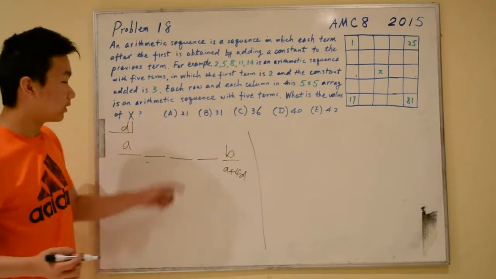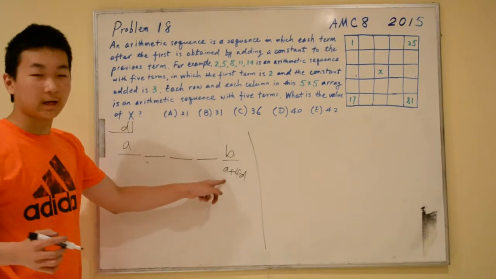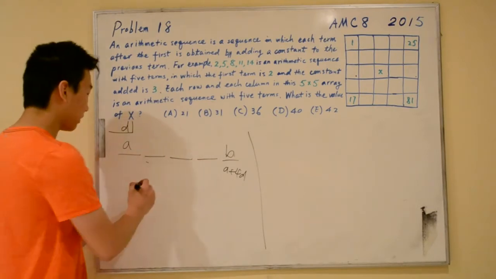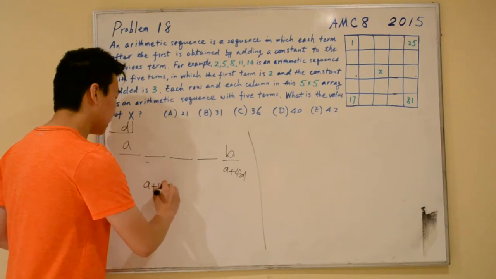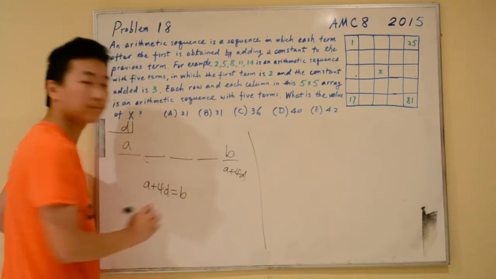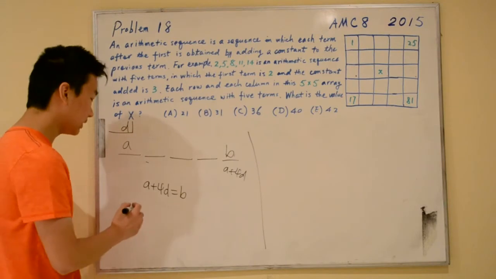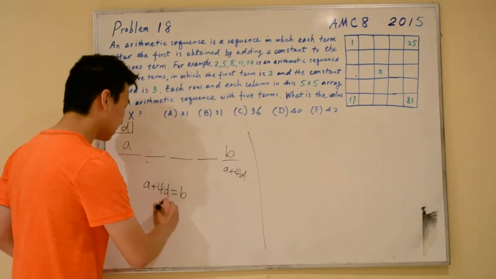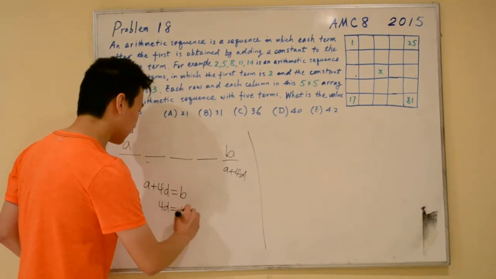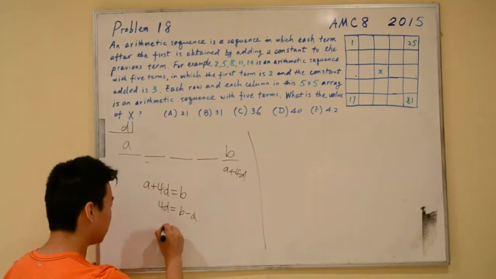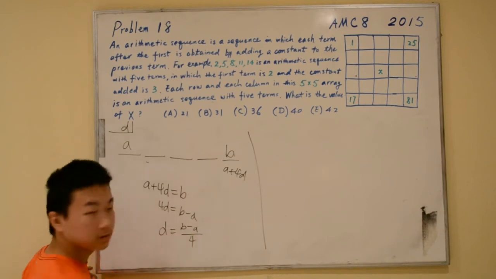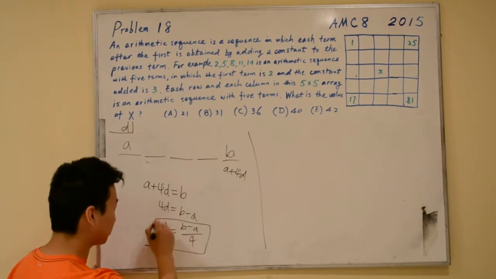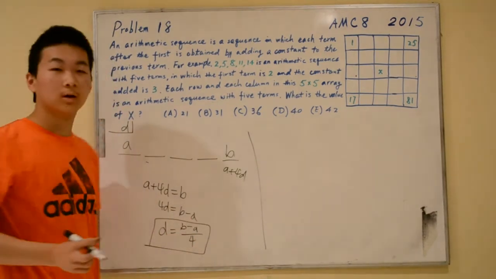So if we know that this is both B and A plus 4D, we can create an equation: A plus 4D equals B. We're looking to solve for D, so 4D equals B minus A. So D equals (B minus A) over 4. This is going to be useful for the rest of our problem.